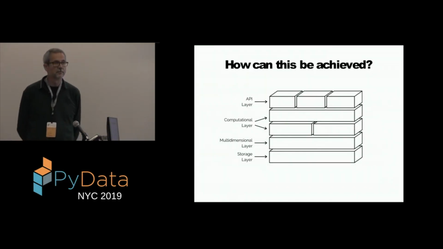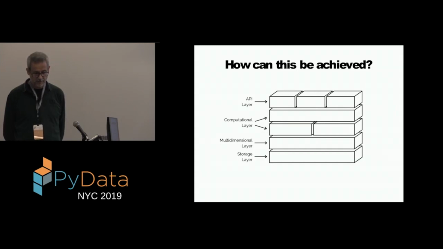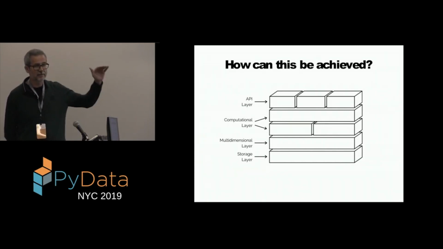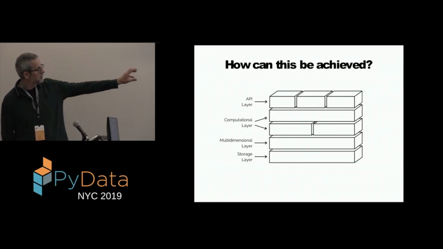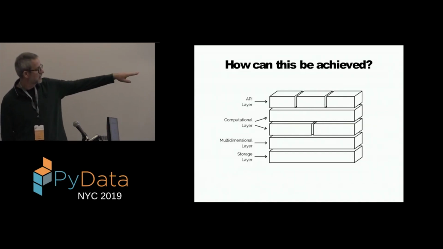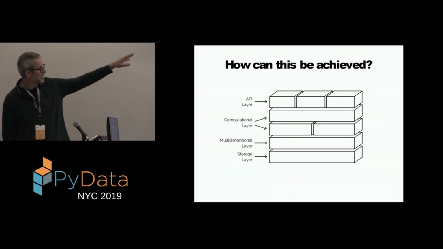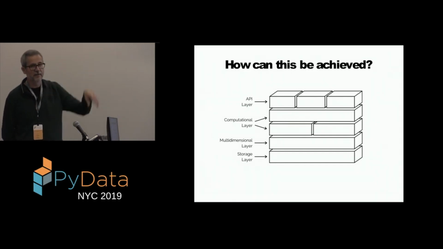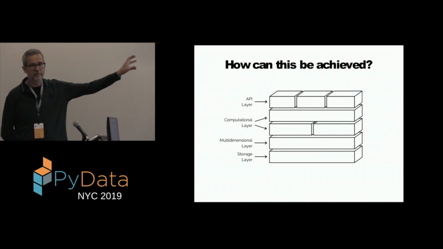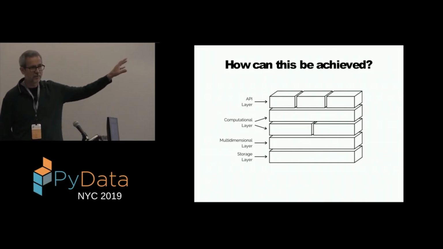So how are we going to achieve this? We created an application with several layers, and we fine-tuned every part of this stack very carefully. At the bottom you will see the storage layer, then on top the multidimensional layer, the computational layer, and finally the API layer. We are going to explain the different layers and how they work.